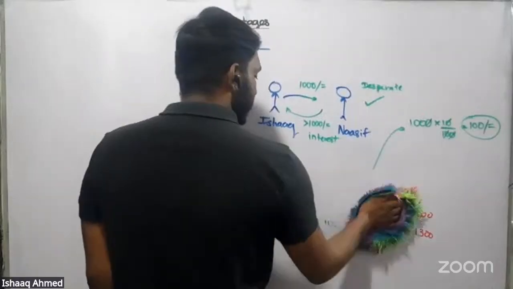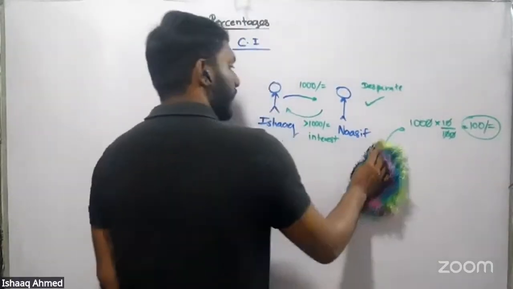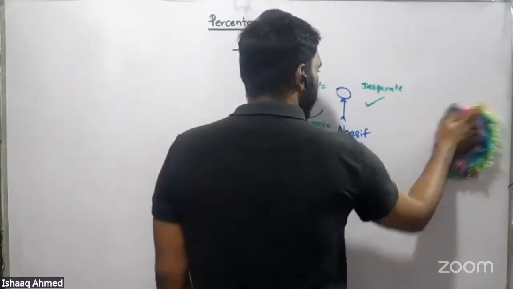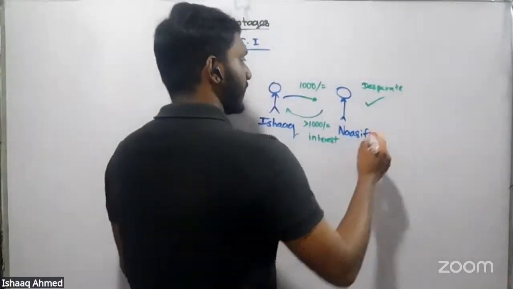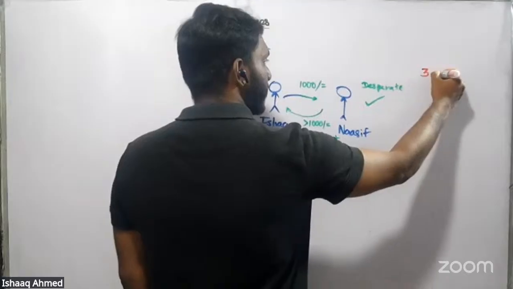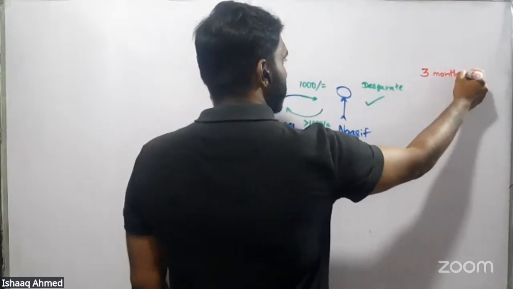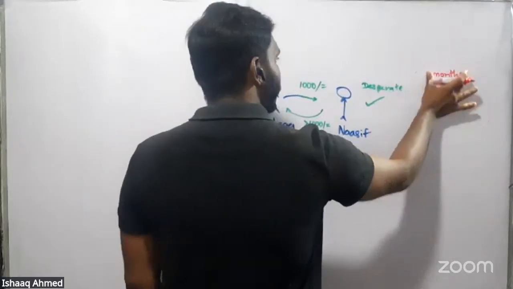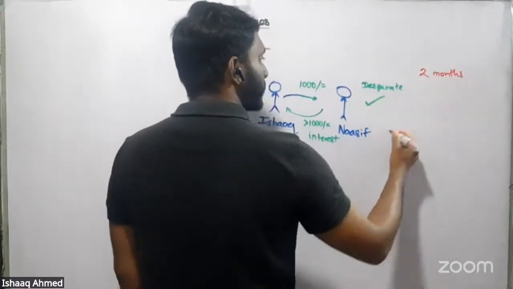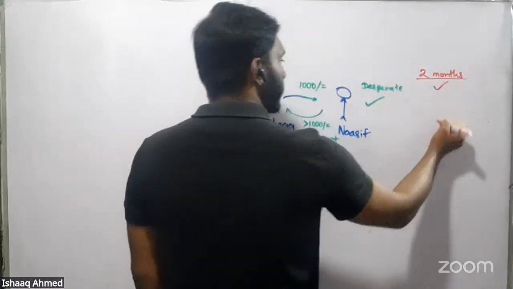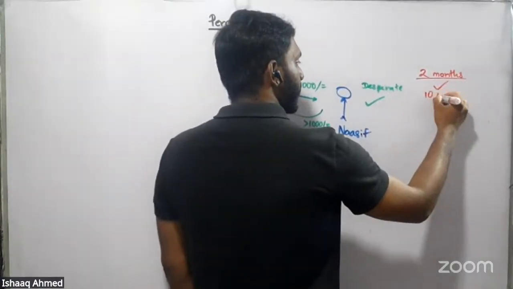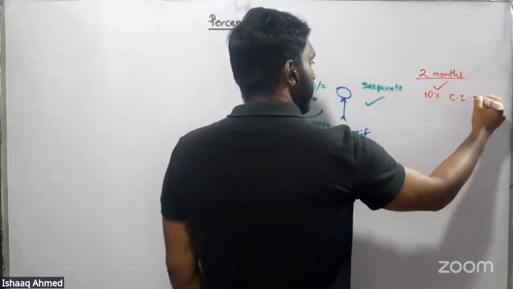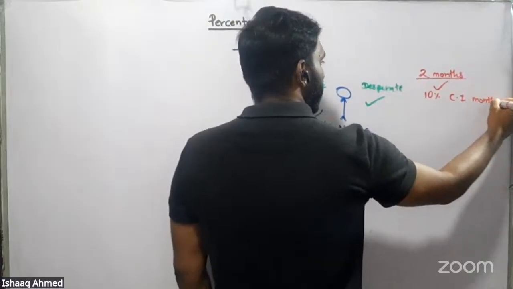But now I'm saying, Nasif, I want back the money. How long will you take to pay? He's saying I'll give it back to you in 2 months. I'm like, okay, give it back to me in 2 months, but you should pay me 10% compound interest monthly.